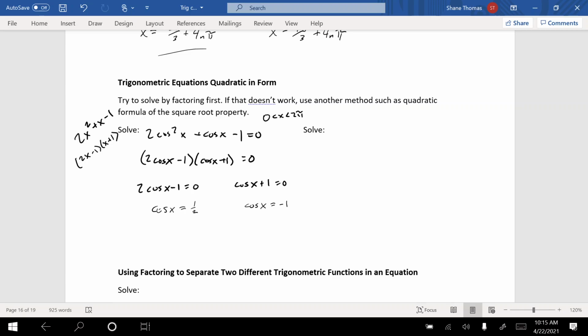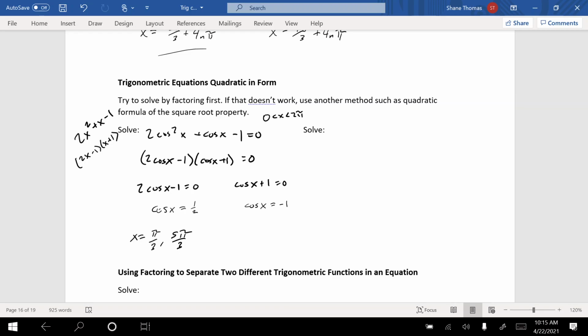All right, this is easy now because I have just straight cosine x equal to this. So go around your unit circle. Where's the cosine of x equal to 1/2? Should be two values. Pi over 3, that's the first one. Second one, 5 pi over 3, correct.